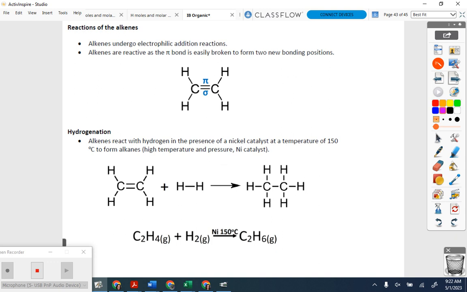They are much more likely to react with stuff because they've got this extra pair of electrons. Not really floating around, it's a bond between the two carbons, but that creates a lot more possibilities for things to happen than when we have what's called a saturated alkane.